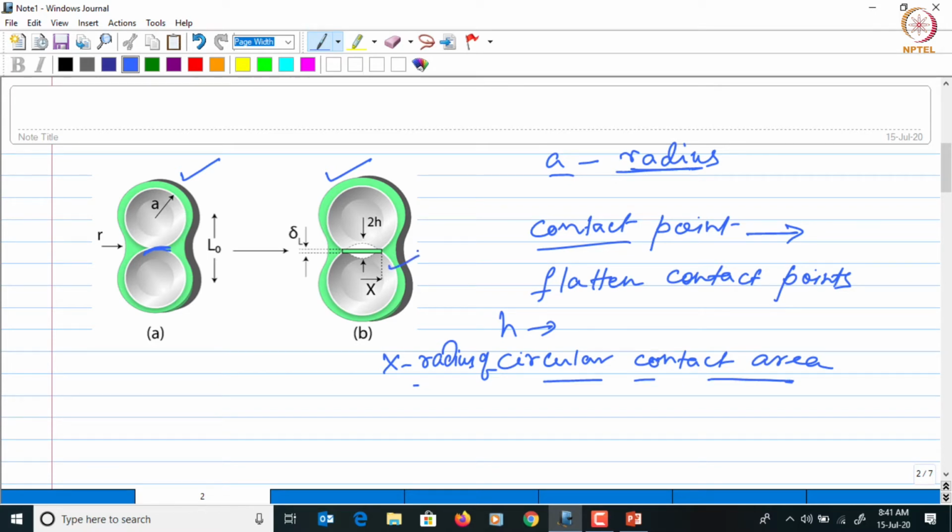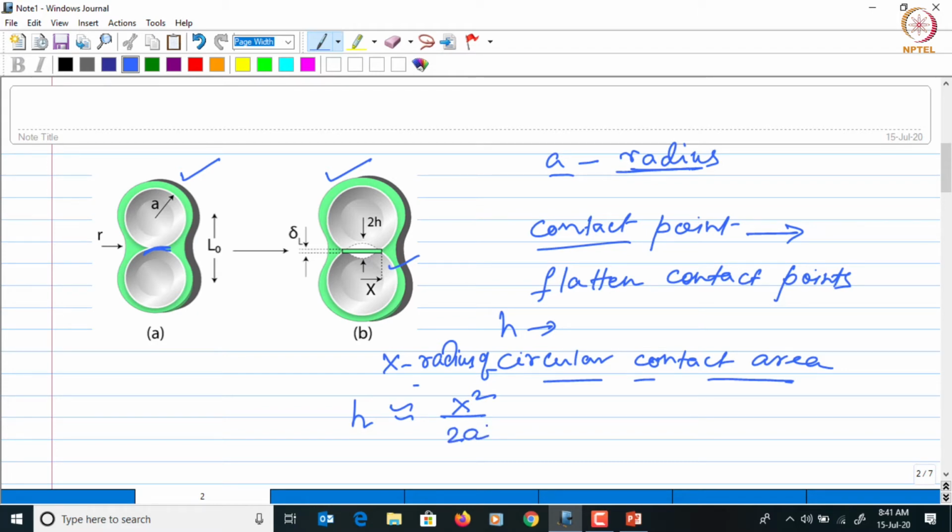As you can see from here, h and x are related to each other by this equation: h is approximately given by x squared by 2a.